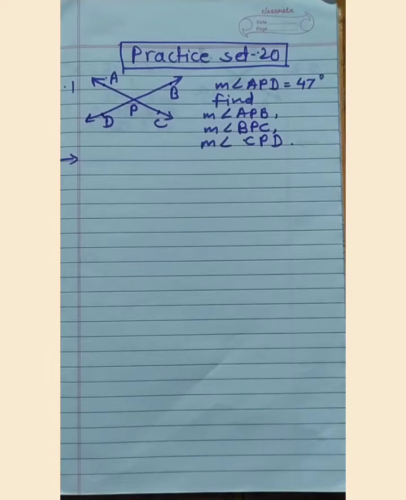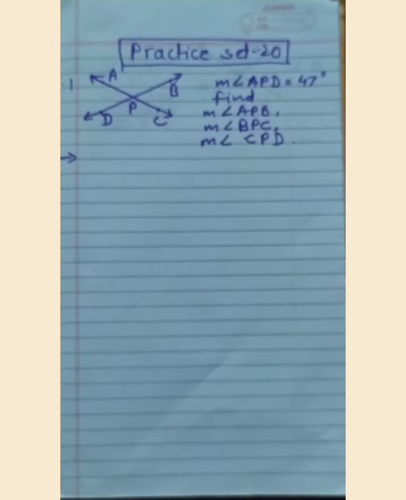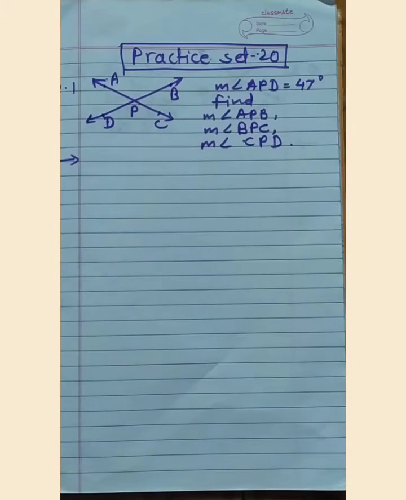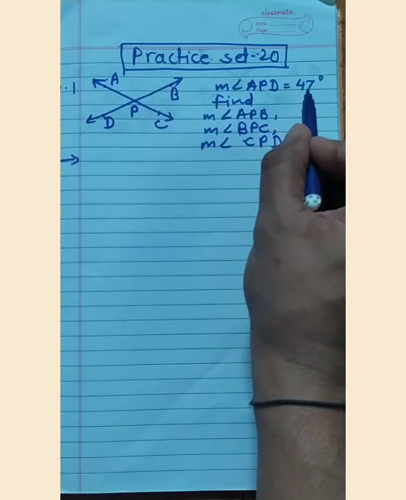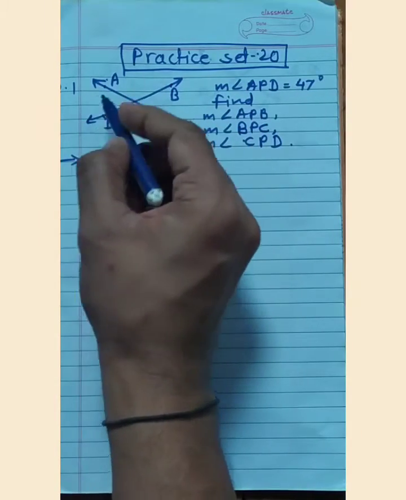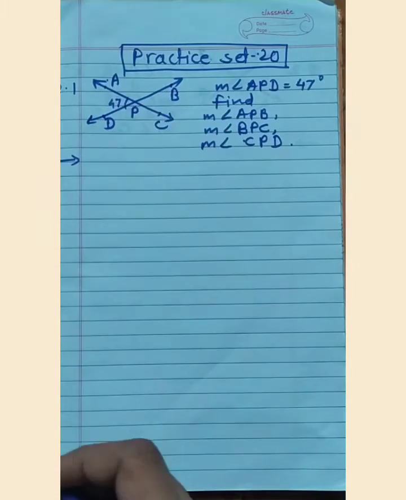Now we are going to see practice set 20, in which the first question is given to you. This is the figure. In this figure, measure of angle APD is 47. That means this angle is 47 degrees.